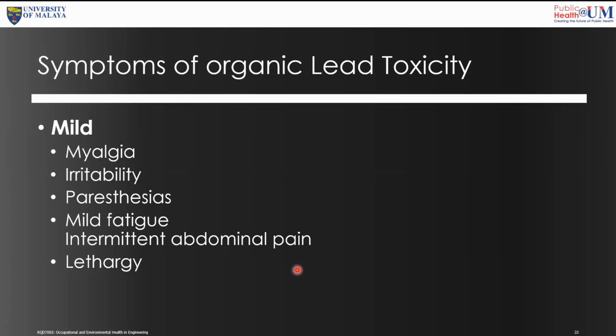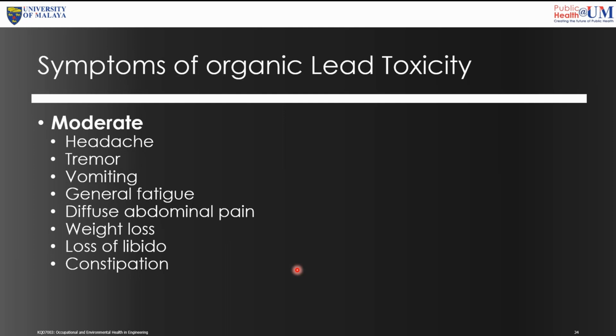Intermittent abdominal pain is also considered a problem if you are exposed to lead. Lethargy is basically the same as mild fatigue, so you're feeling tired all the time. So the main mild symptoms are myalgia, muscle weakness, paresthesia, loss of sensation, mild fatigue, lethargy, and also intermittent abdominal pain, pain in the abdomen.